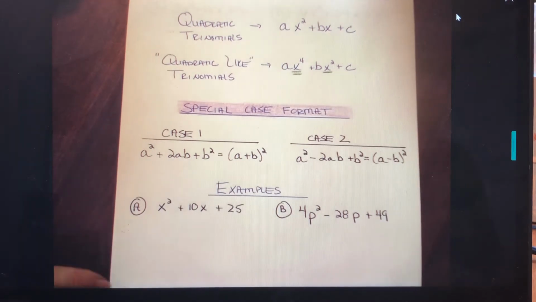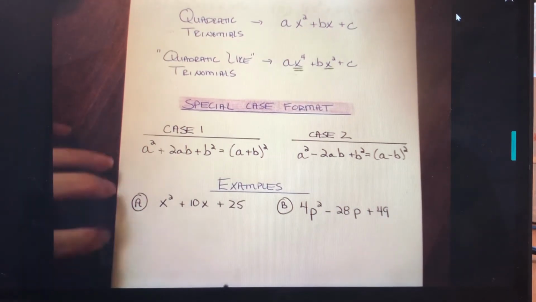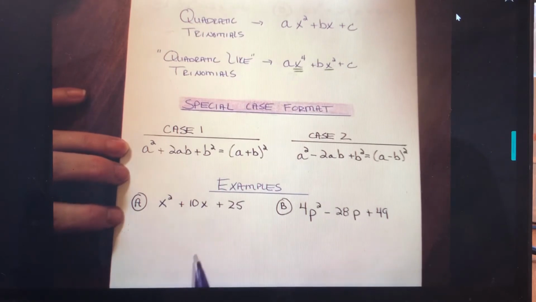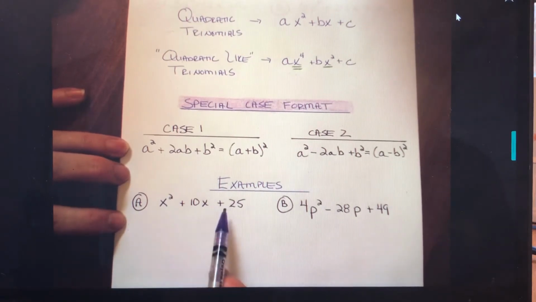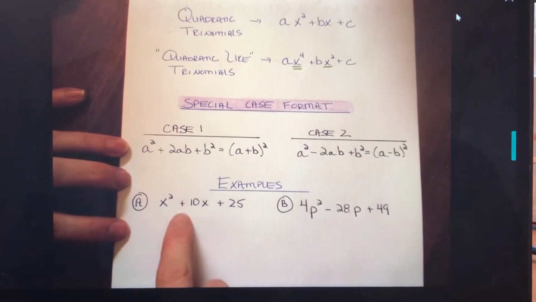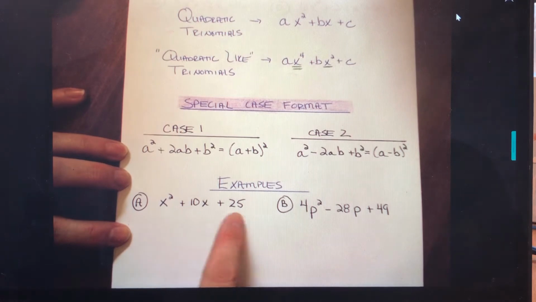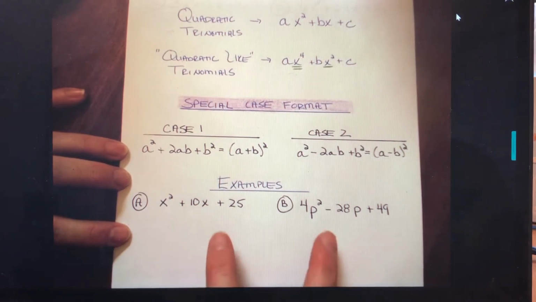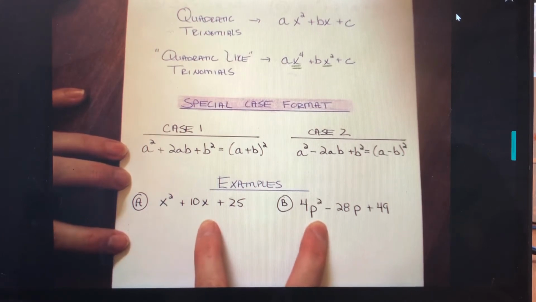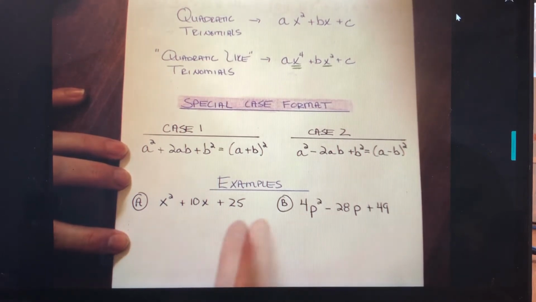Okay, so how do you recognize the pattern? The best approach, I believe, is to look at your trinomial and, following traditional factoring techniques, make sure your polynomial is in descending order, highest powers of exponent on down, and pull out a GCF. When you look at both of these examples, A and B, they are both in descending order and there's not a GCF.